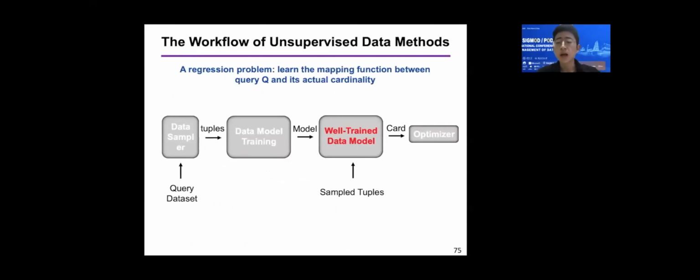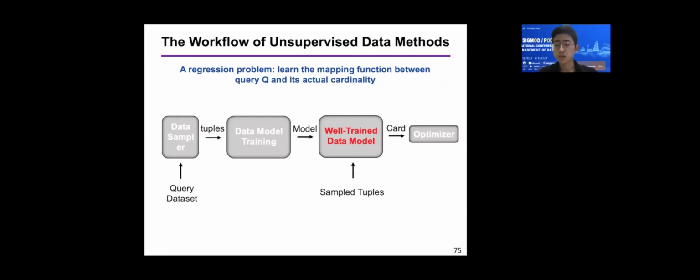The last class is the unsupervised data models that can directly use the data to train the density models. They first sample a reasonable amount of tuples uniformly.